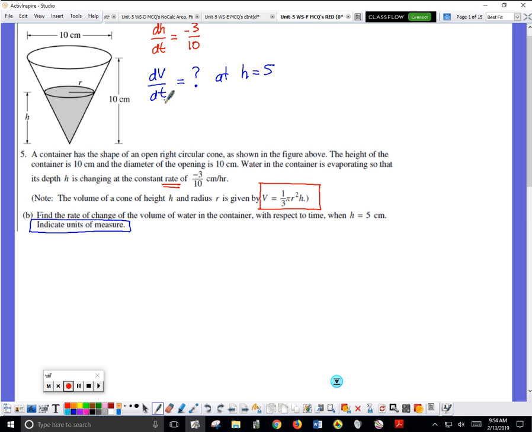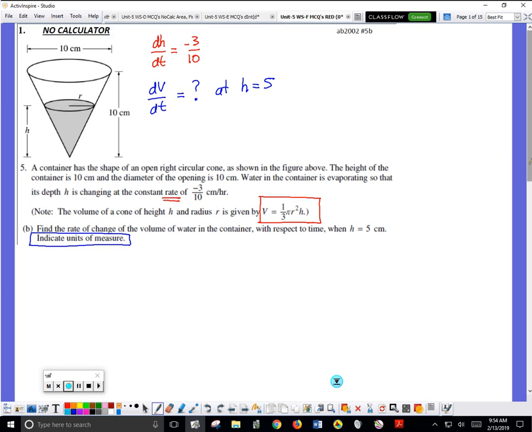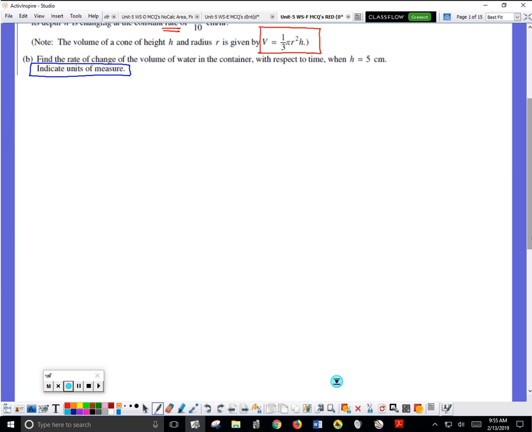What units are they using? Hours. So, no, just hours. Just read the symbol. dV means change in volume. So volume's measured in cubic centimeters. dt means change in time, hours. So down here I'm going to write cubic centimeters per hour, just so I'll remember.